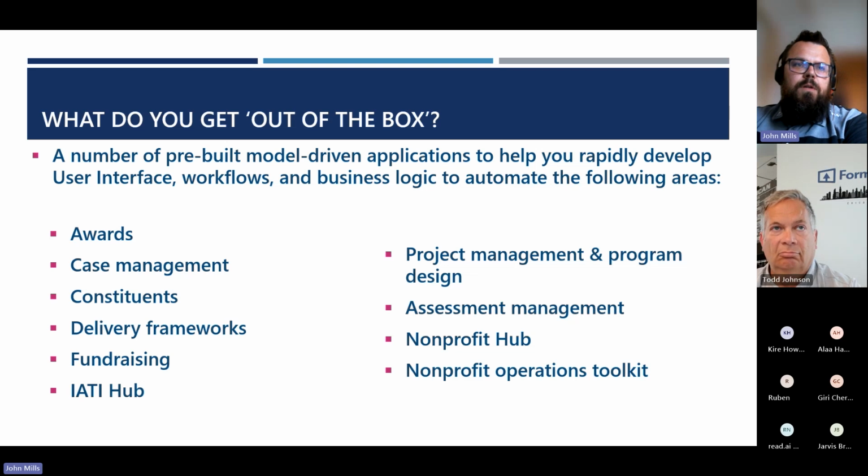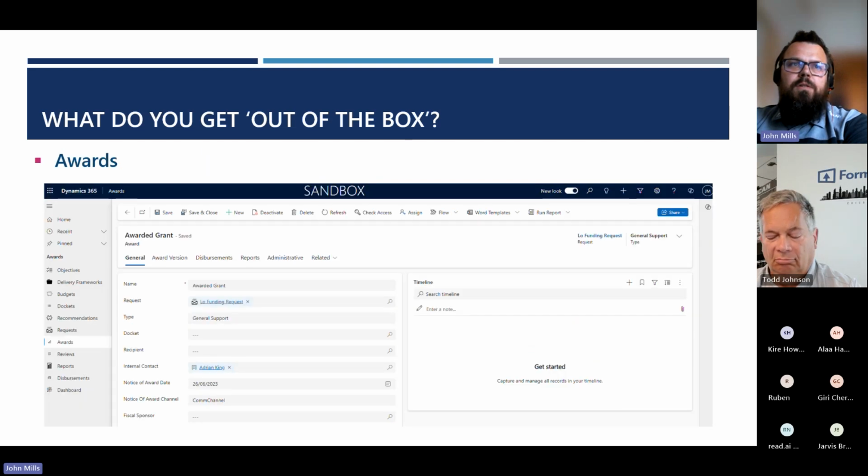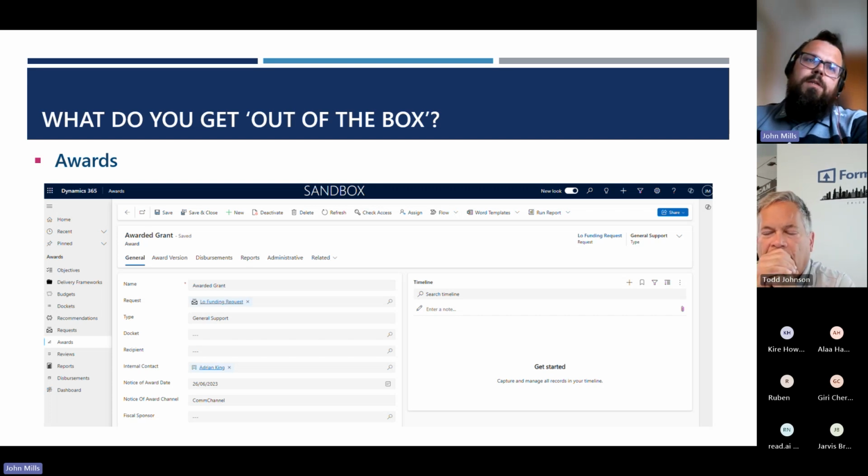So moving on to looking at the other items on this list in a bit more detail. Firstly, just to give you a glimpse of what it looks like as well. So this is the awards application.